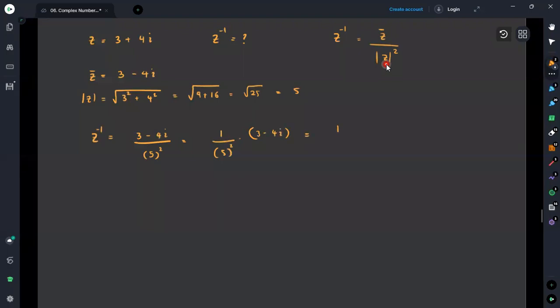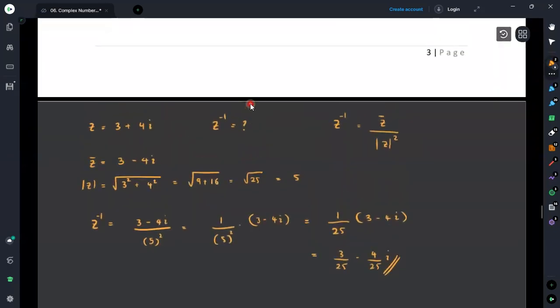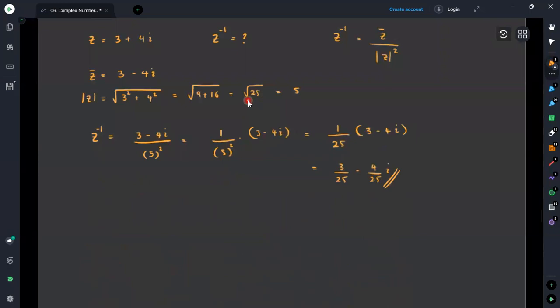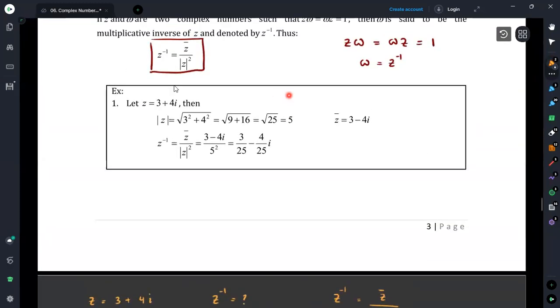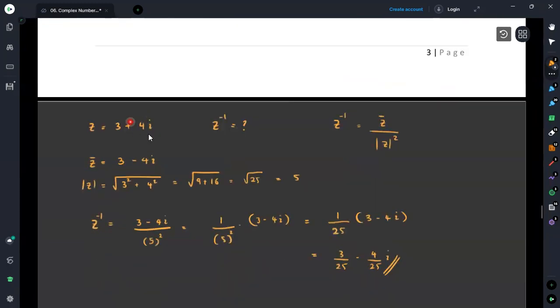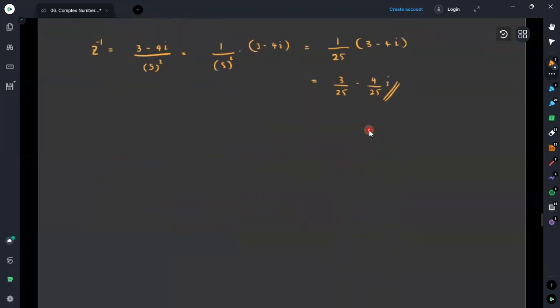With scalar multiplication, we get 3 over 25 minus 4 over 25 times i. This is how we get the multiplicative inverse of a complex number using the concepts of conjugate and modulus.